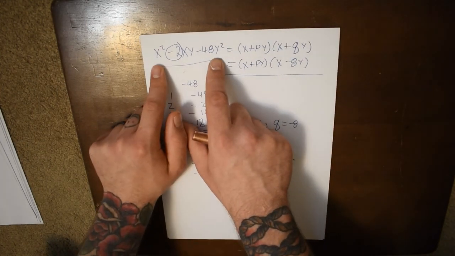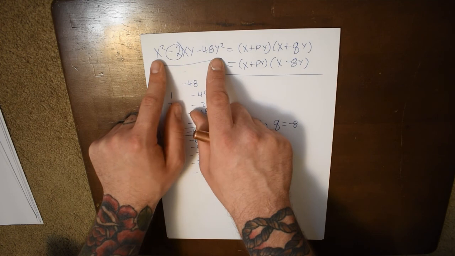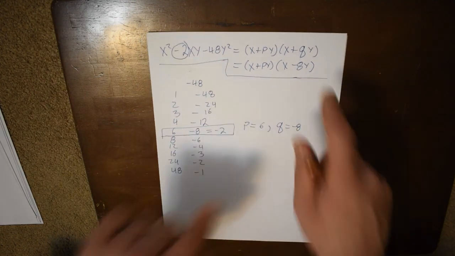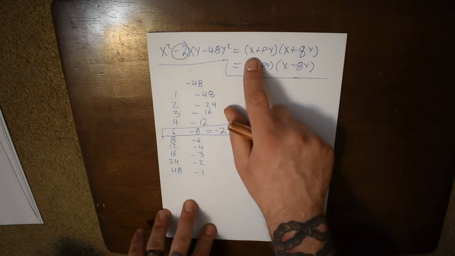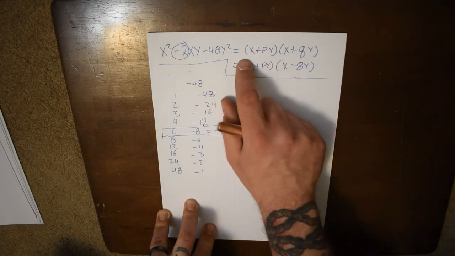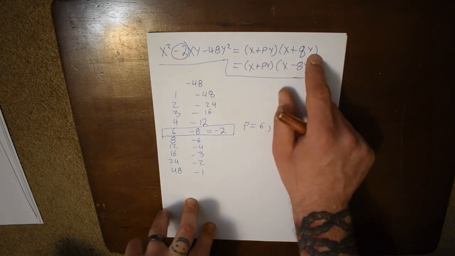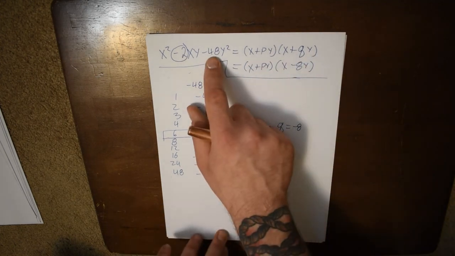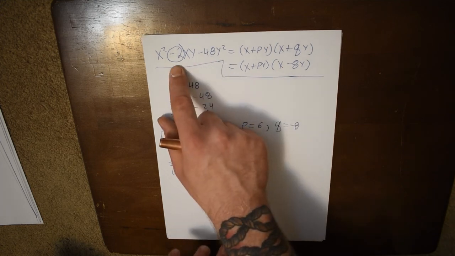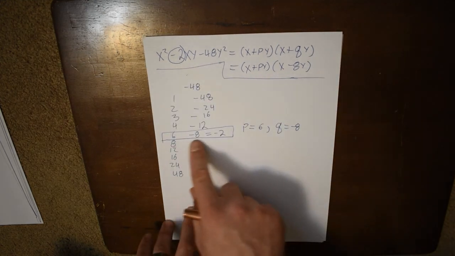We've got x's and we've got y's floating around. Well, that just tells you that your answer needs to have x's and needs to have y's floating around. We're still doing an x plus p and an x plus q, except this time, since we've got those y's, it's x plus py and x plus qy. Still looking for factors of the last number that add to the second number. We were able to do that.